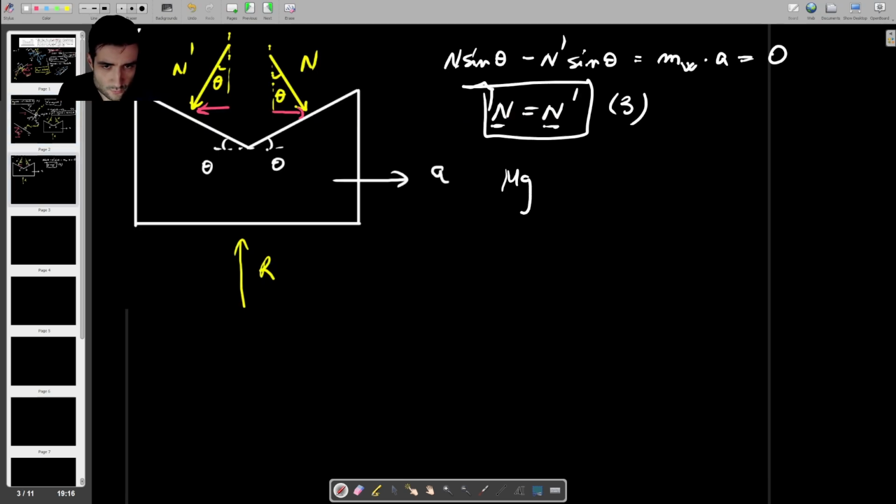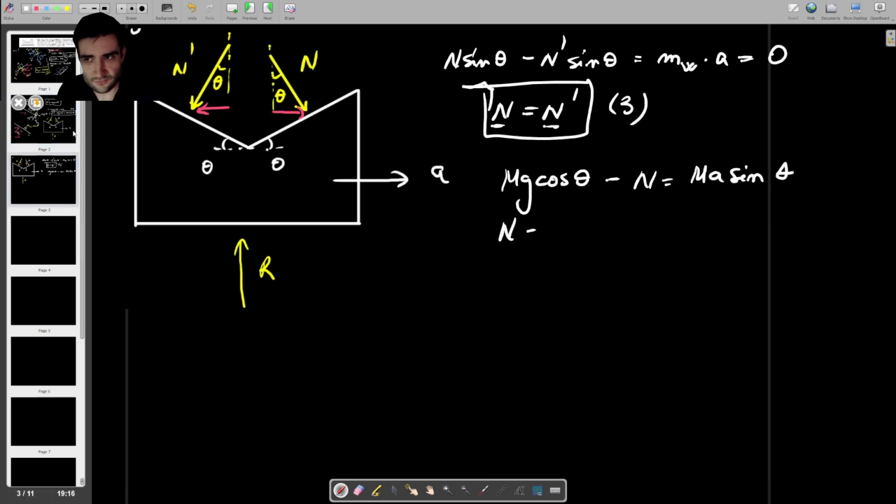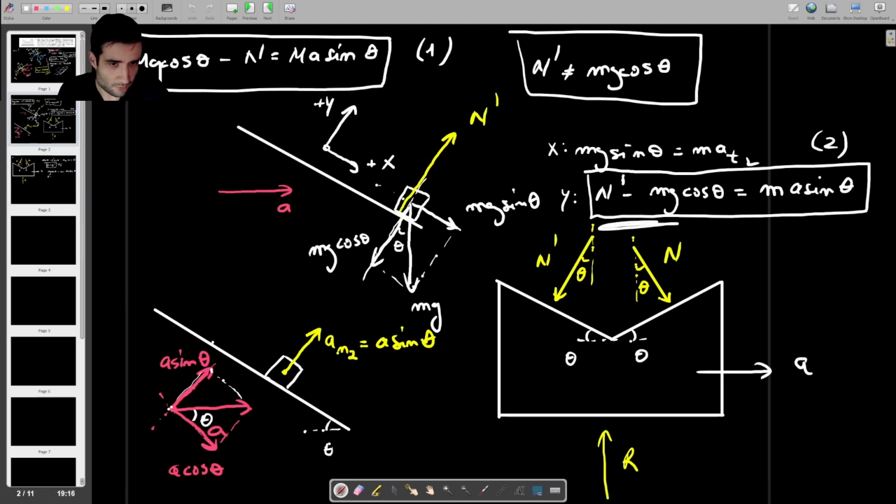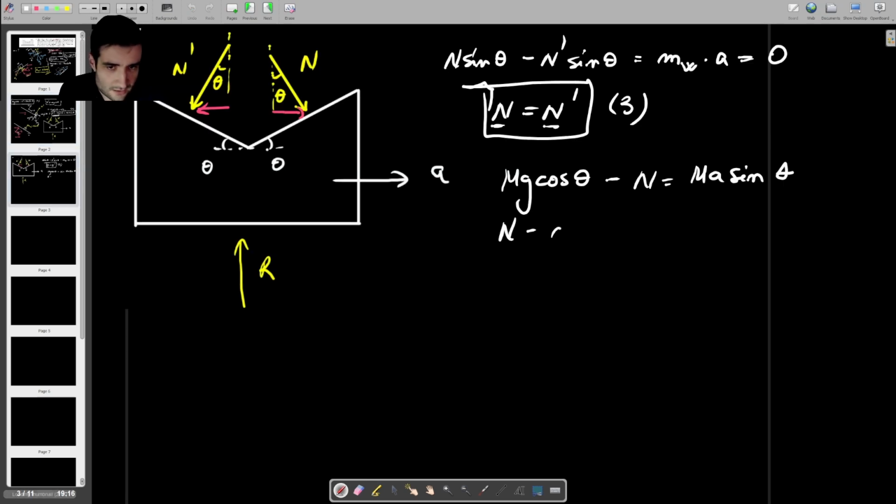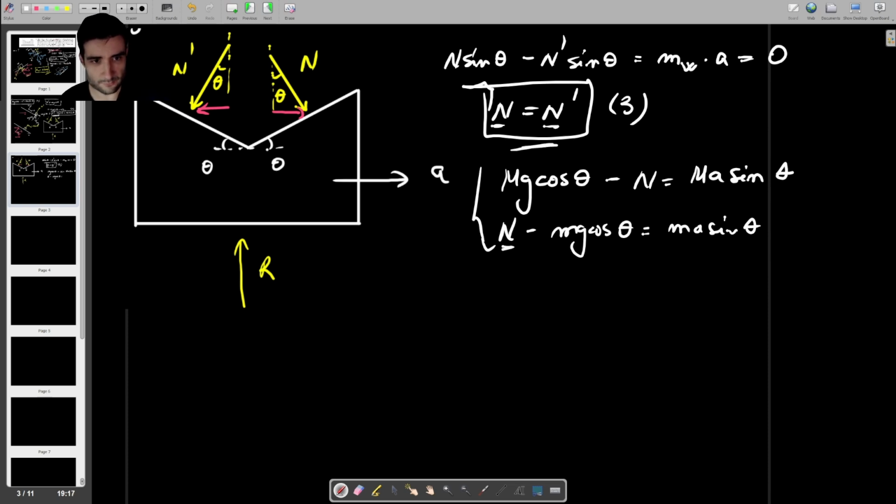So the first one was Mg cos theta, I think, minus n, and this is equal to Ma sine theta, and the other one is n prime, which is just n, so I'm talking about this one, minus small mg cos theta, and this is equal to ma sine theta. So this used to be n prime, but I use this relationship and it's no longer n prime.